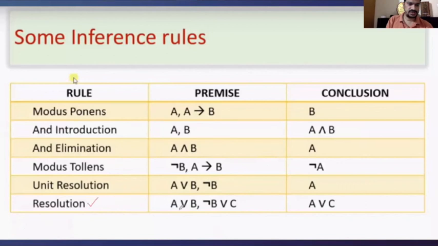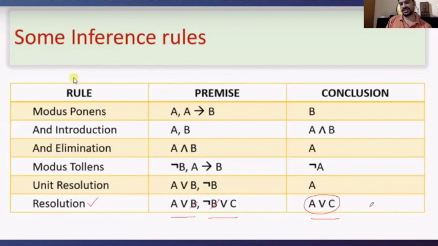It says that if you have A or B, and you have negation of B or C, then what is the conclusion? The conclusion is A or C. It means that this B and the negation of B will be cancelled out, and you will get A or C. Is that an A conjunction C?